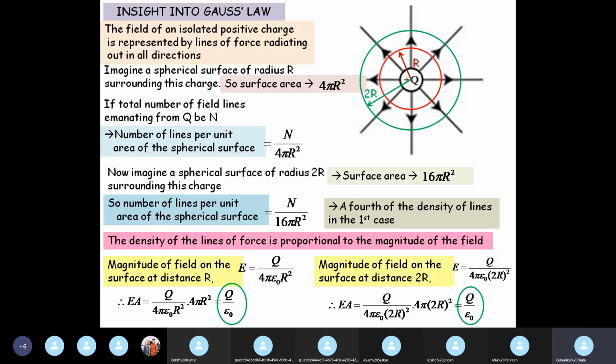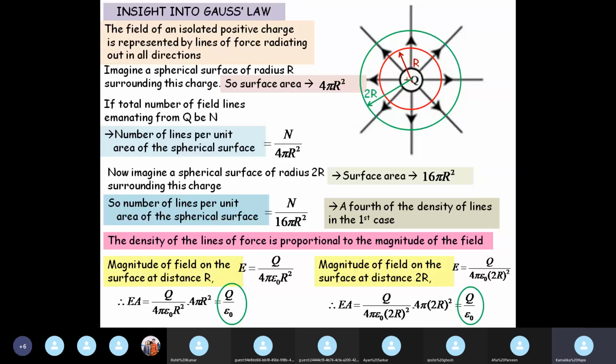It does not depend on the distance at which you are calculating. It depends only on the value of the enclosed charge. So no matter how far you are or how near you are to the charge, the flux will remain the same if the enclosed charge remains unchanged. So this is exactly what Gauss's law tells us.